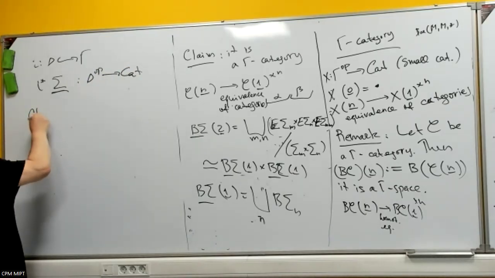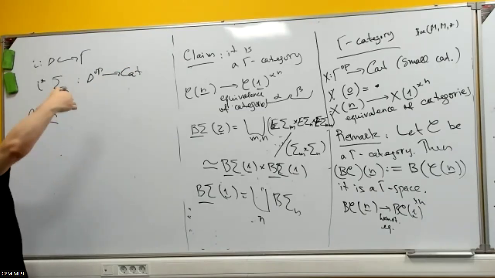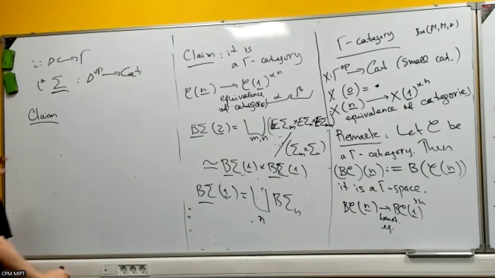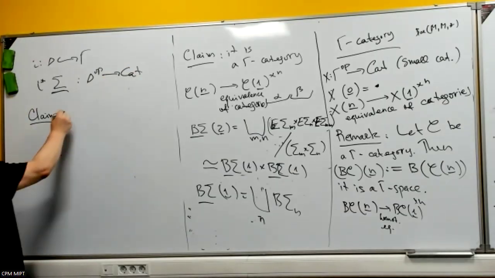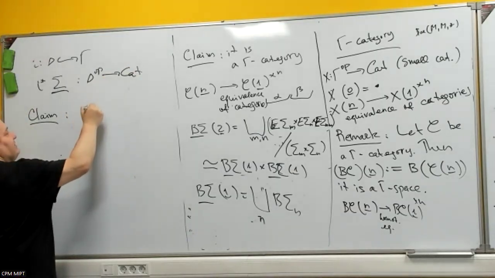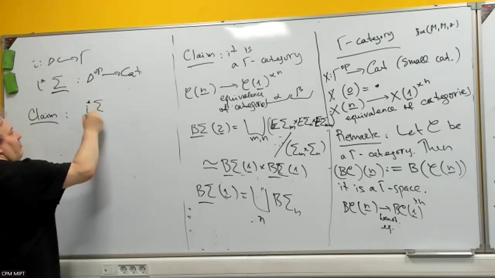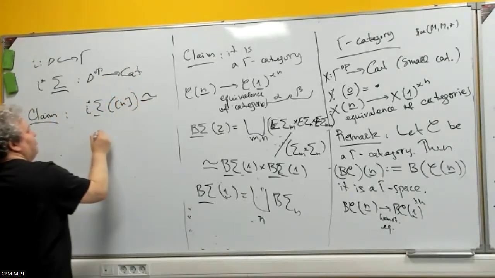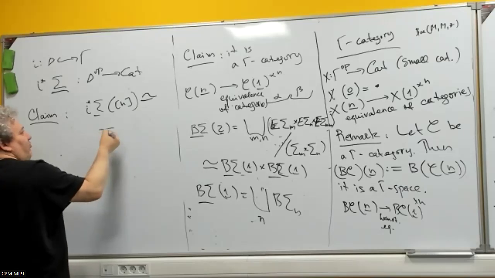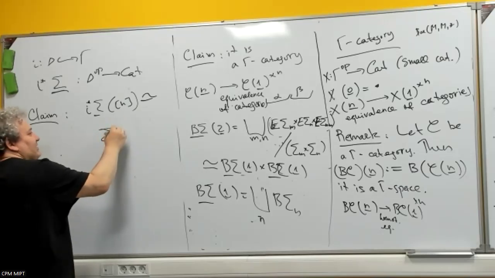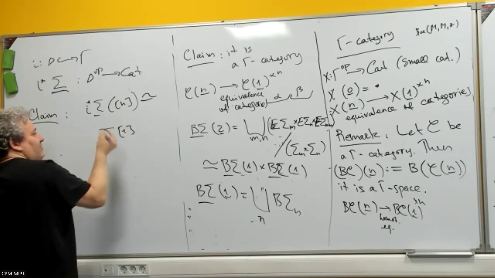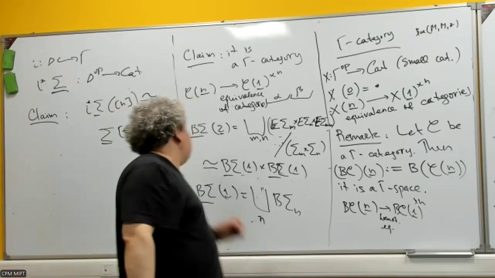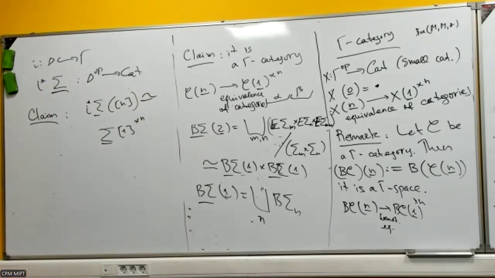So the claim, which is used actually in this interpretation of Barratt-Priddy-Quillen, is that when we restrict to delta but not before, we get that I star sigma of n is equivalent to sigma of 1 to the power n.